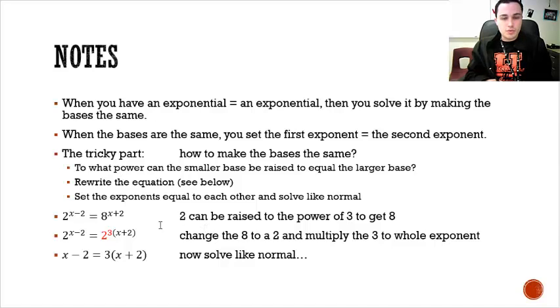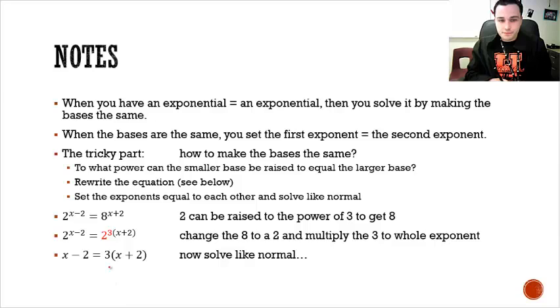So since 8 is a power of 2, which is to say that 2 can be raised to some power to get 8, then we're going to rewrite the 8. We're going to change it to match the same base as the 2. And specifically, 2 to the third power would give us 8.